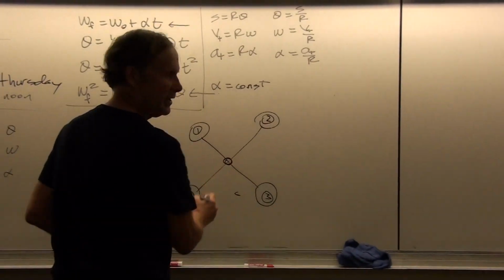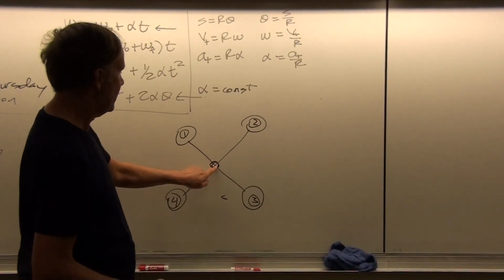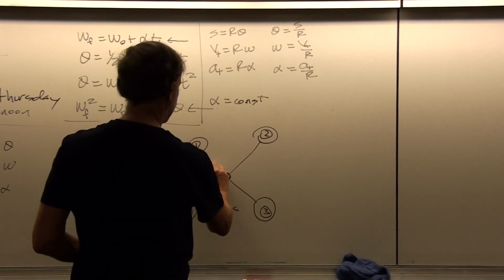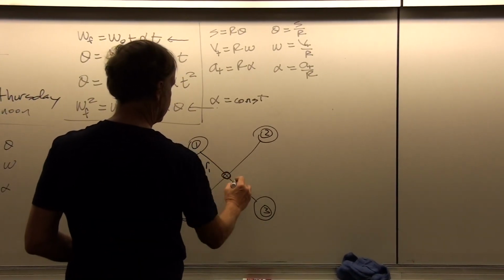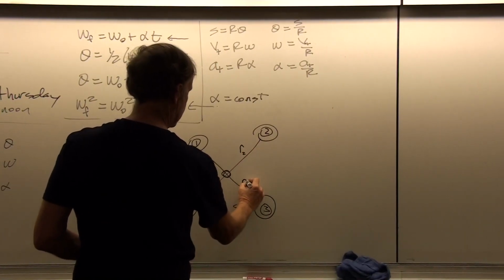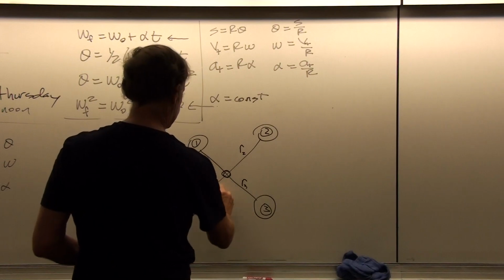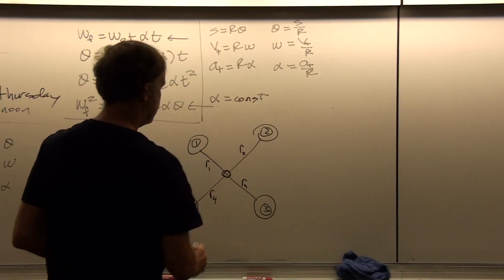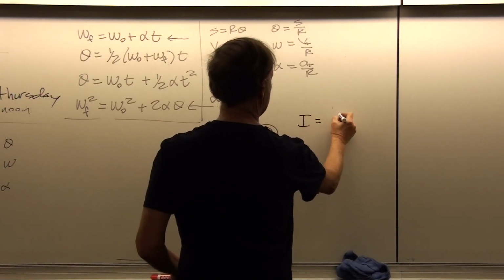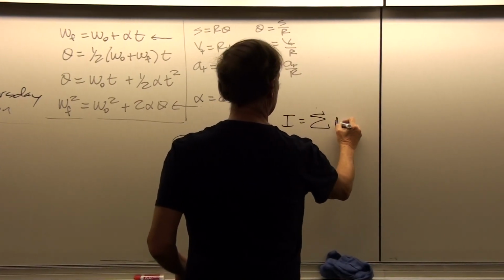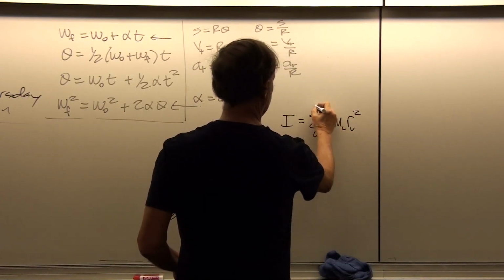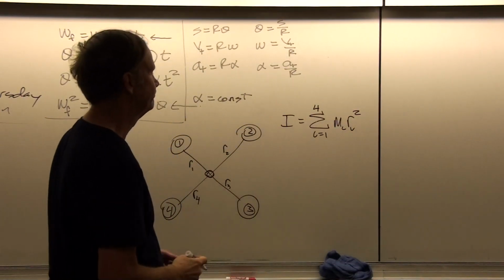Since this is our center of spin, all of our radius values are going to be measured with respect to that center of spin. So this would be R1, this would be R2, this would be R3, and this would be R4. So I then would be the sum of m sub i r sub i squared from i equals 1 to 4 for this problem.